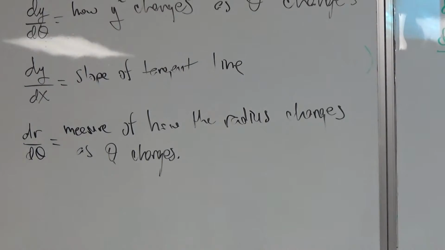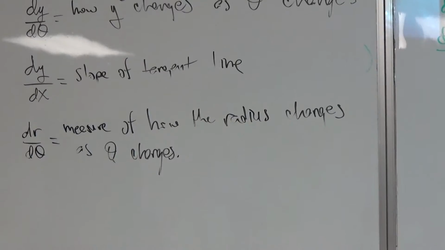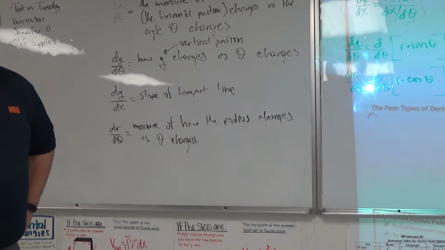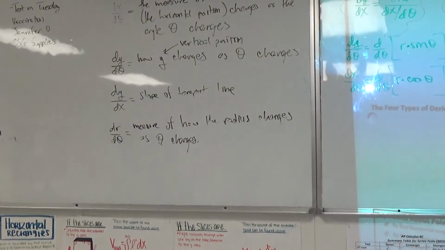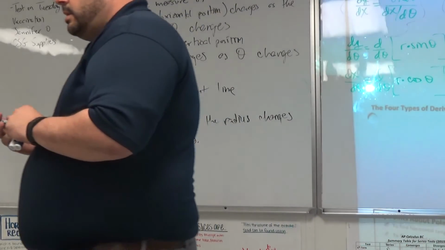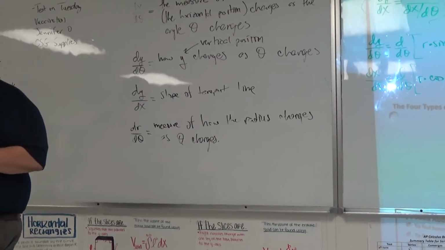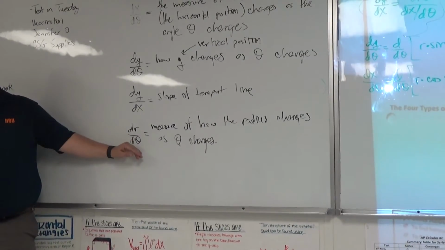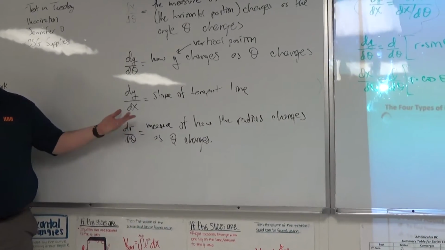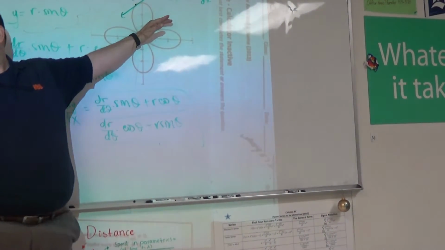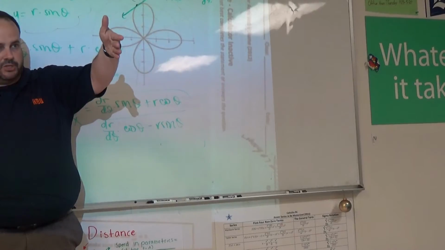So if I said dr d theta is positive, what would this mean? Tell somebody near you. So if dr d theta is positive, then as the angle increases, the radius increases. Right, so I'm increasing my angle and the radius increases. We're okay? Roger, you good with that?